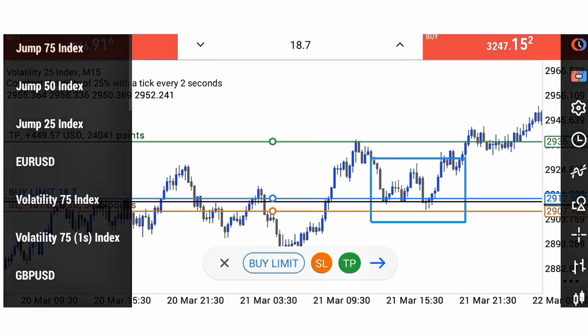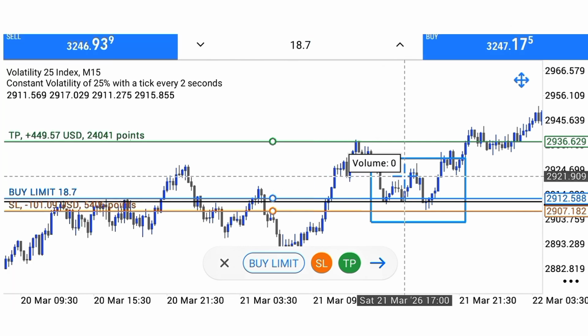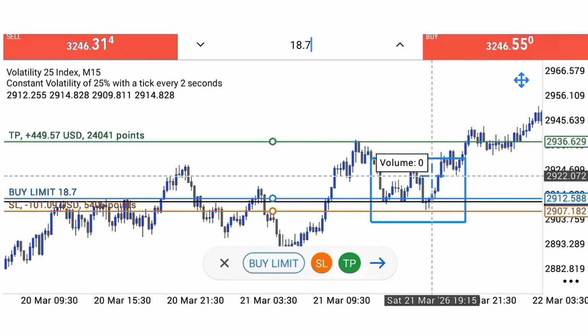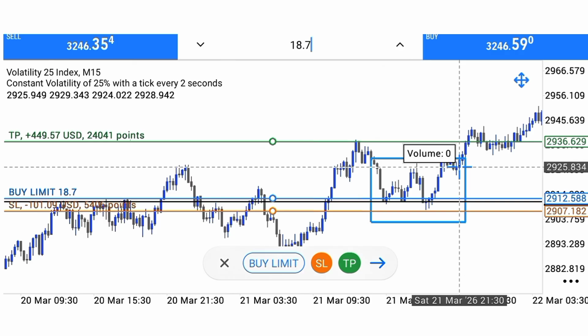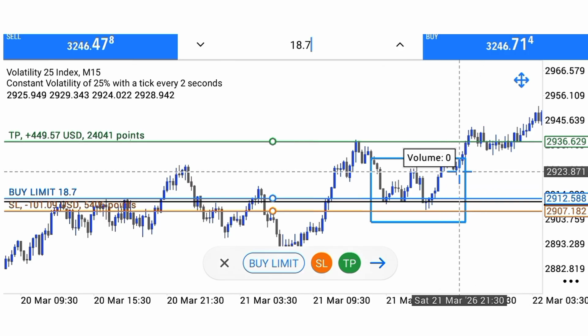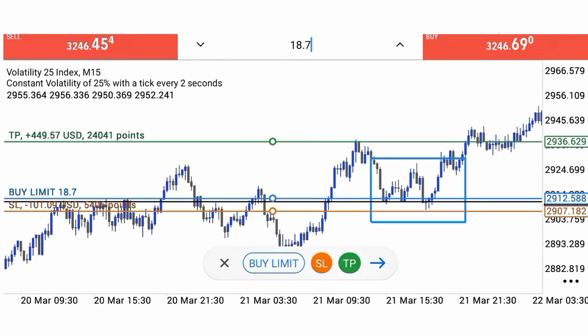Look at this here. If you check well, you can see that this movement here is not even up to 4 hours or 2 hours. I don't think it's up to 2 hours. All this movement here, or 3 hours, let's say 3 hours max. So in 3 hours, you risk $101 and you're making $449.